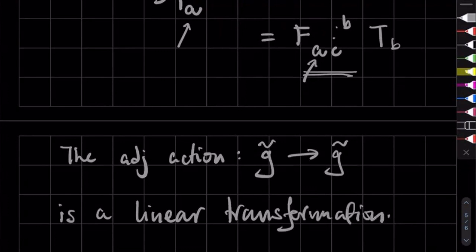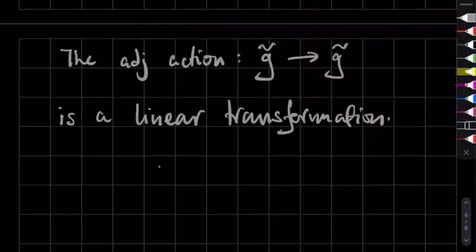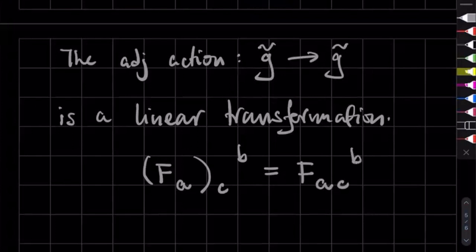So let's formalize this. Let us define the matrix F of A and its CB element to be F of A, C, B. Okay?